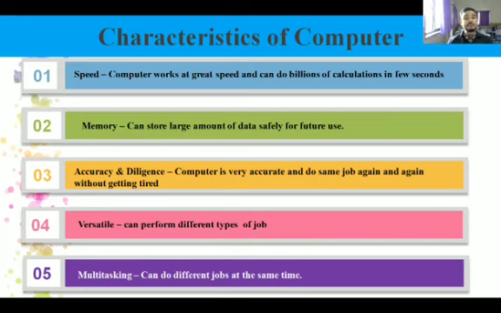So speed is very important, because if a computer starts at one particular speed, that same speed will be maintained throughout its working period.